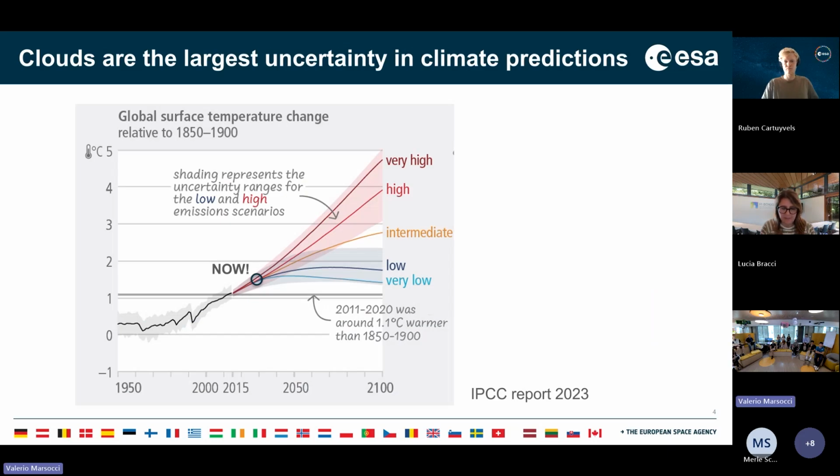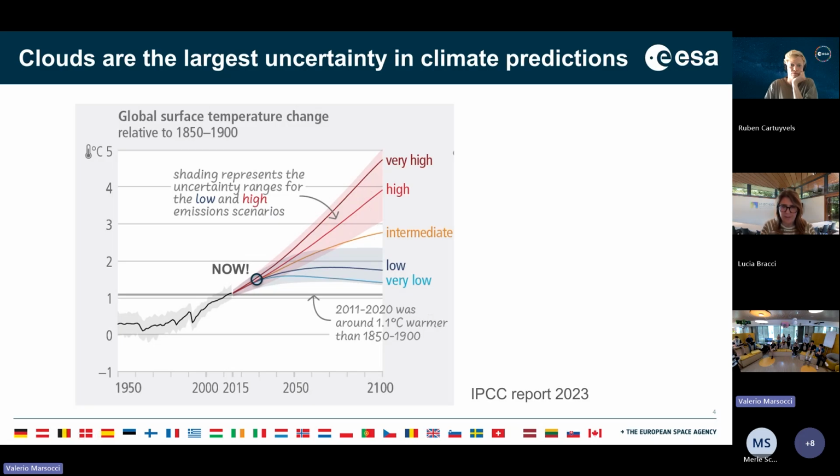And so if we want to know how our climate will change in the future, we really need to get the clouds right. What's shown here is a figure from the IPCC report, and the different colored lines are different emission scenarios. I want to draw your attention to this background, which shows the uncertainty of these estimates.